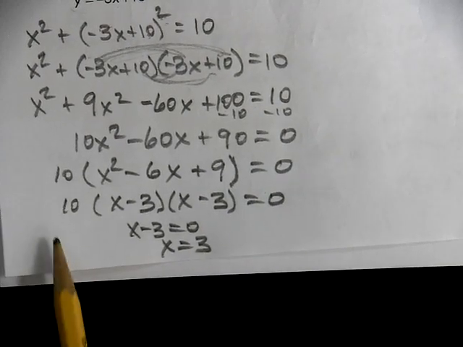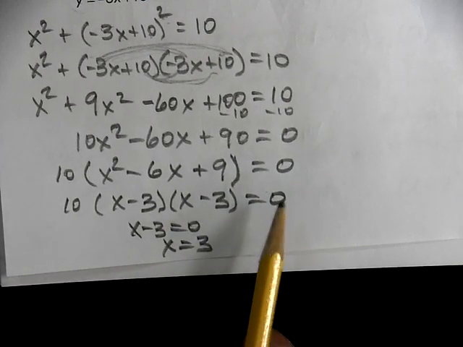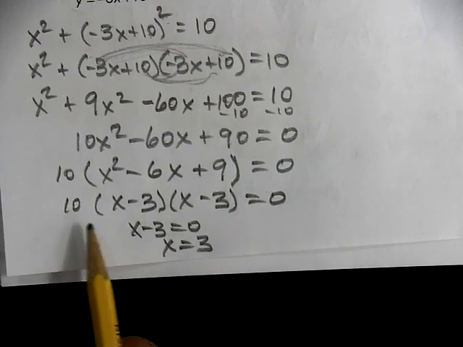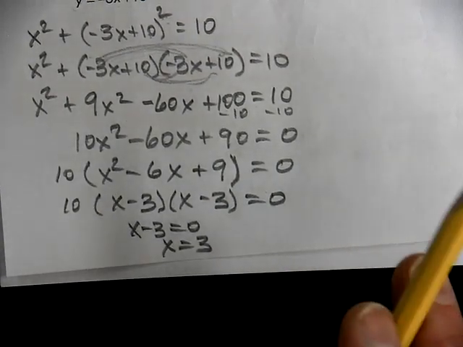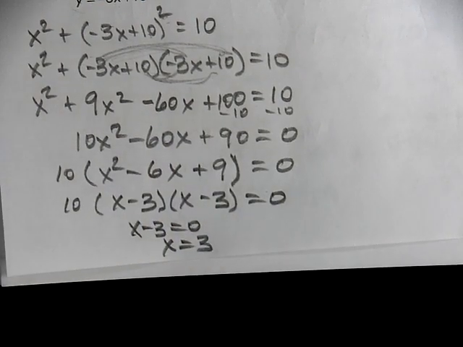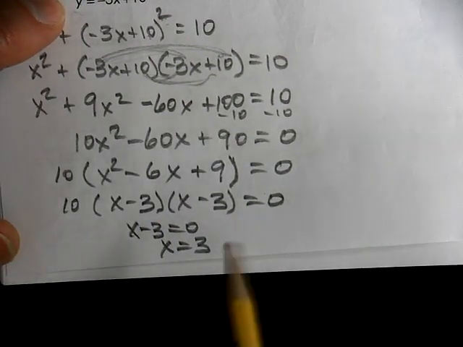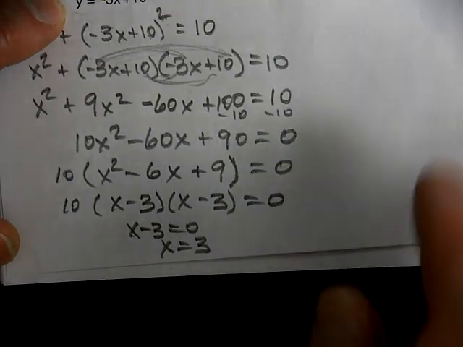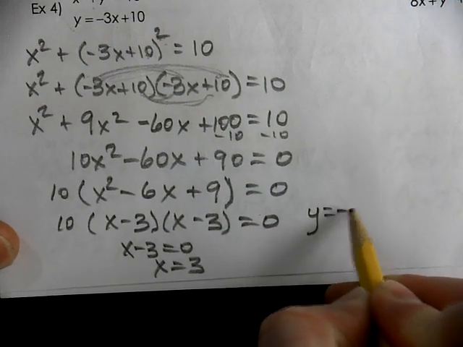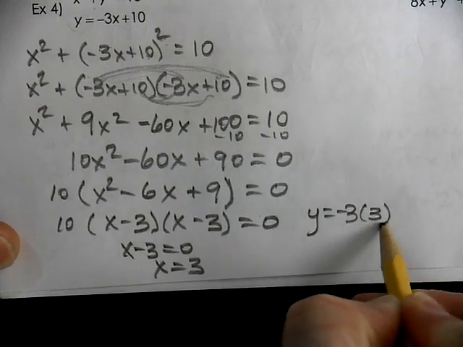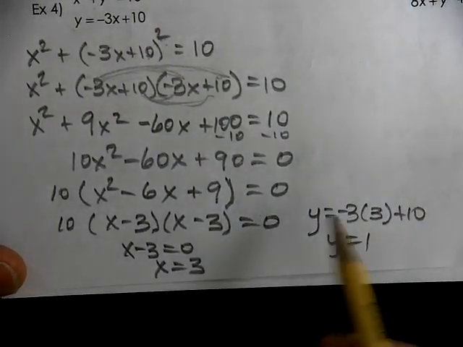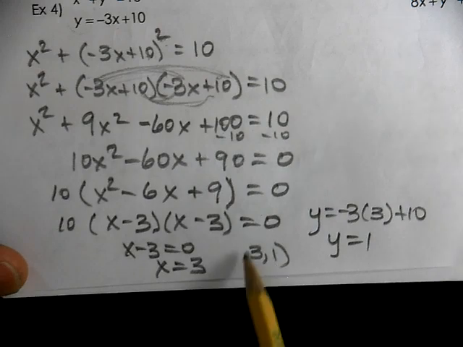It's 3. And the 10 doesn't equal 0, so that's irrelevant. You just divide the 10 away and it disappears. So you're only working with your two factors of your quadratic. So now we're ready to plug this 3 back in to this original equation. So we're getting the answer of 3, 1.